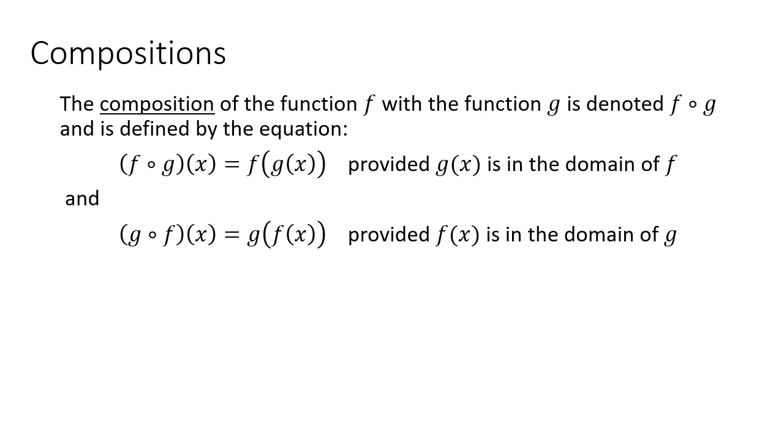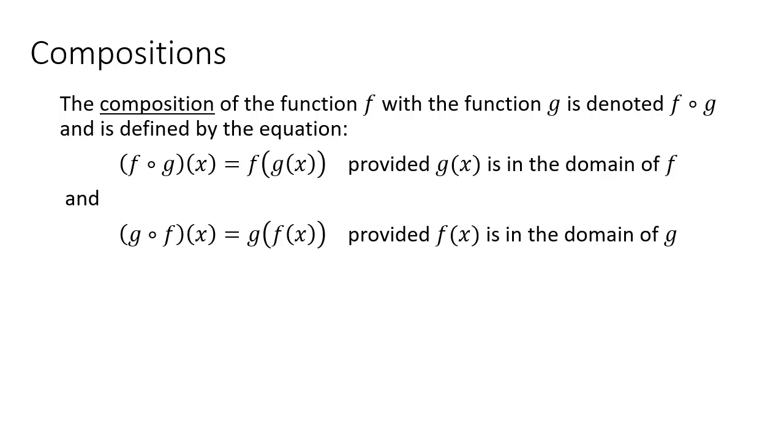This brings us to our final combination of functions that we cover in this section, and the one combination that we spend the most time on, and this is called a composition of functions. A composition of functions is essentially when you plug one function into another function.